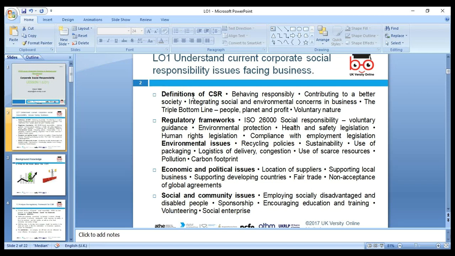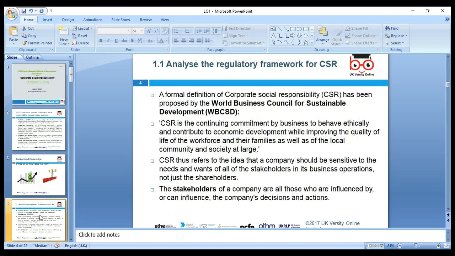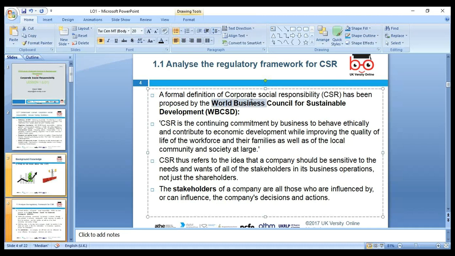These are the key terminologies we must go through. First, we'll go through the definition of CSR. A formal definition of corporate social responsibility has been proposed by an organization called the World Business Council for Sustainable Development, WBCSD. So they gave us a definition.